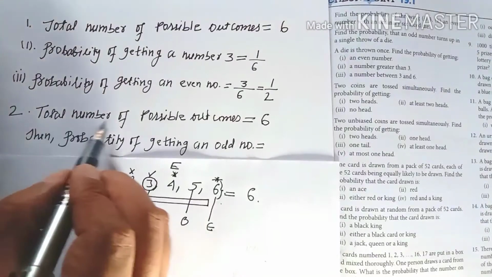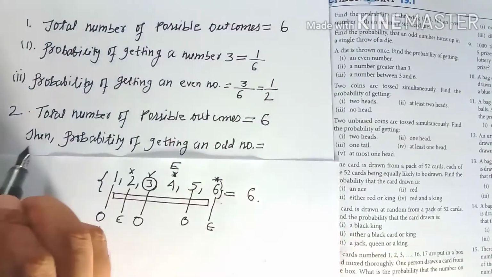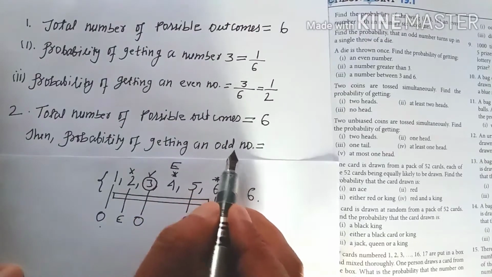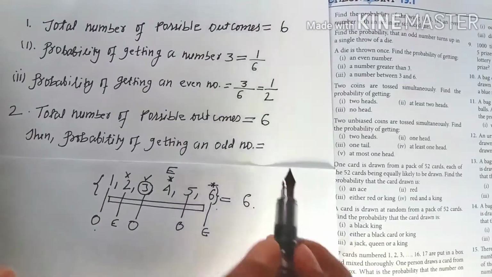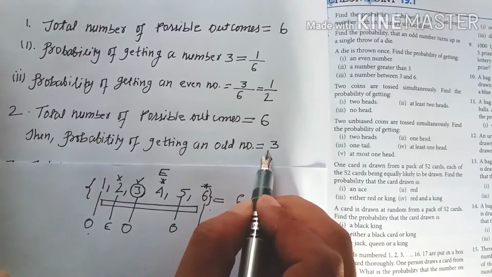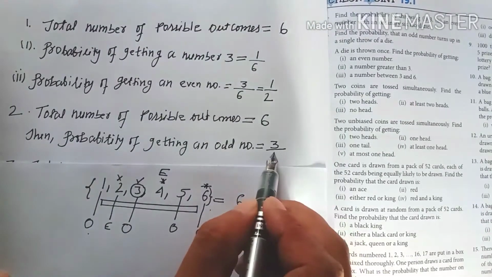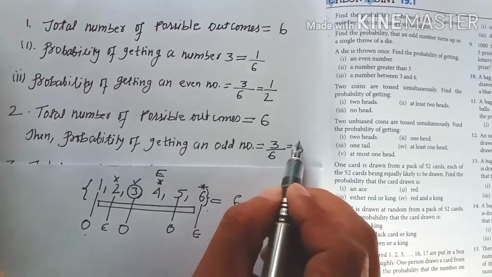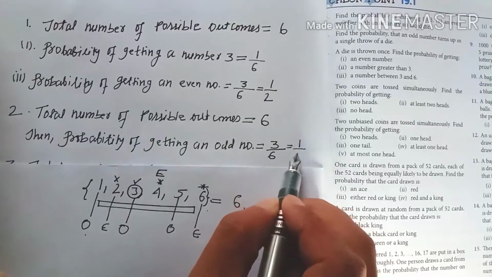The total number of possible outcomes is 6. Then the probability of getting an odd number when a dice is thrown once is 3, the number of favorable outcomes, divided by the total number of possible outcomes, which is 6. Again it's possible to cancel, 3 into 1, 3 into 2.